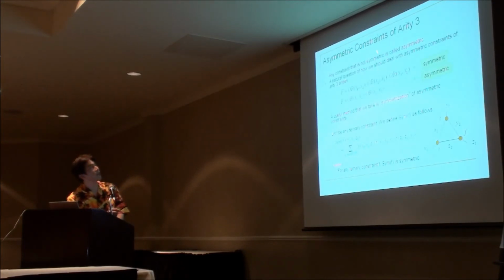If the constraint is not symmetric, then we call it asymmetric. One example is here. If you have the multiplication of ors like this one, this is a symmetric constraint. But if you are missing the last one, this gives you an asymmetric constraint. Asymmetric constraints are very hard to handle.